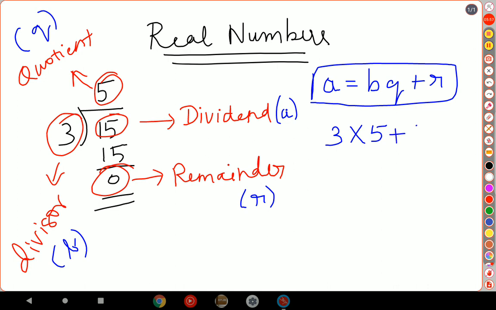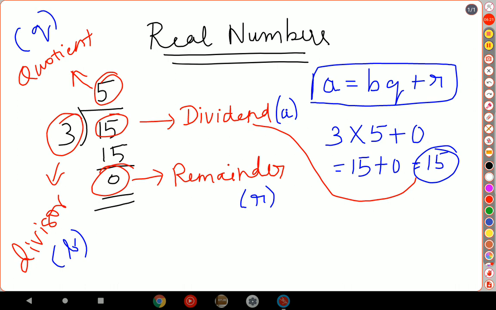What is the remainder? 0. 3 into 5 plus 0, which is equal to 15 plus 0. I am doing it step by step so that you understand properly. 15 plus 0, which is equal to 15. What is this 15? This 15 is nothing but our dividend.